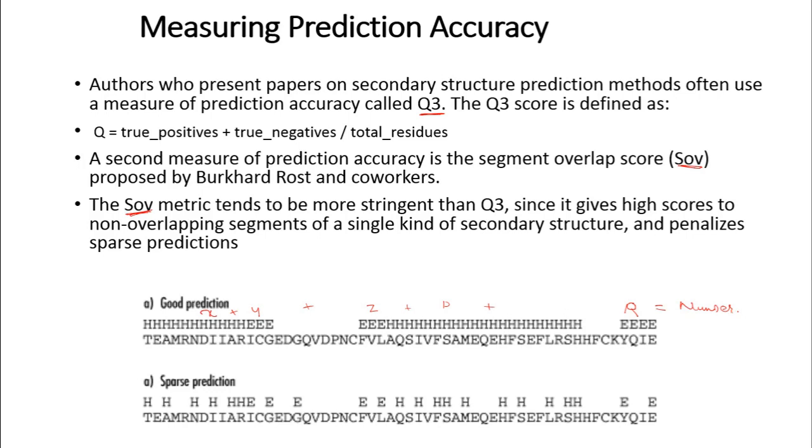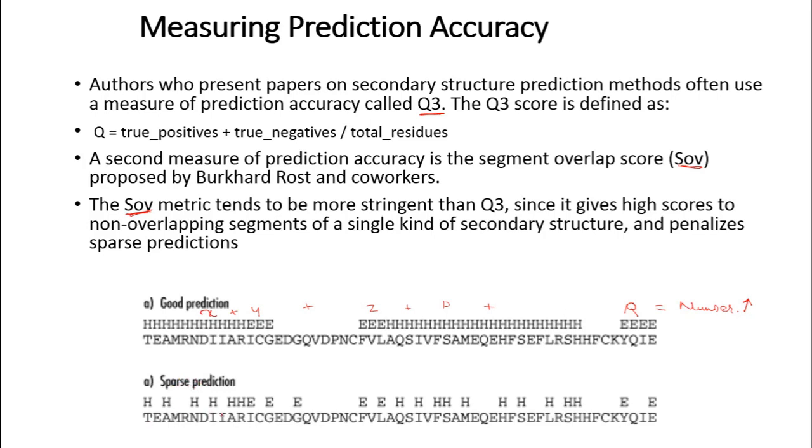Yes sir. Okay, so when will this number be high? When your algorithm predicts continuous secondary structures. Do you agree with this? Yes sir. On the other hand, if your algorithm predicted a sparse prediction, right?